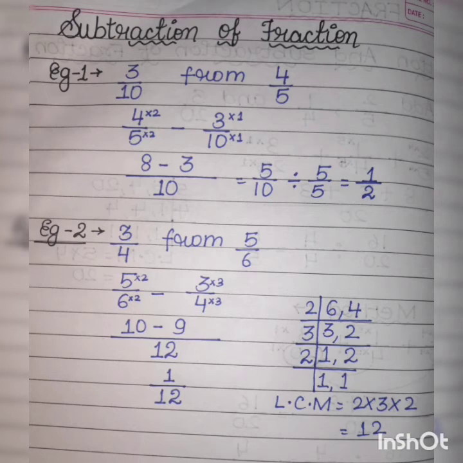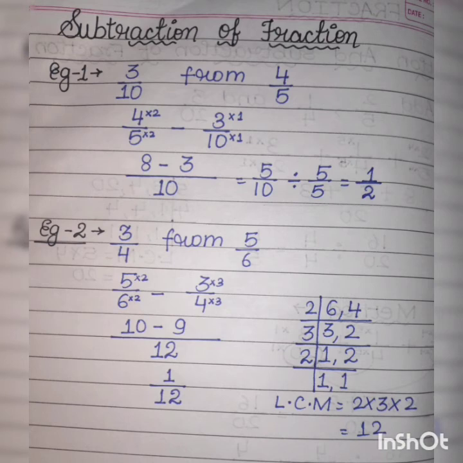So 5 and 10 come in the table of 5. So we have to divide 5 by 5 and 10 by 5. So the answer is 1 by 2. So students, we always have to convert the answer in simplest form or the lowest form.